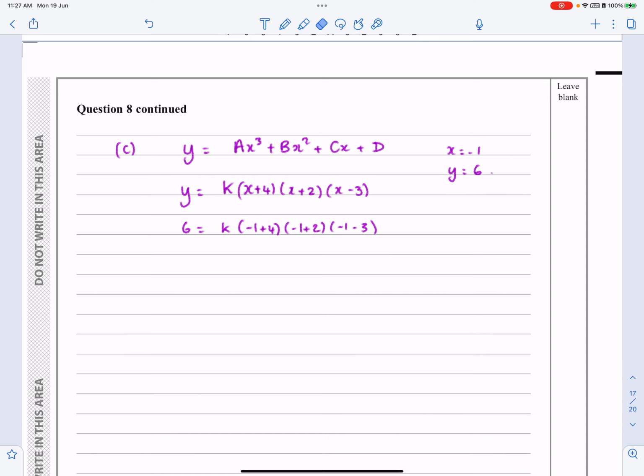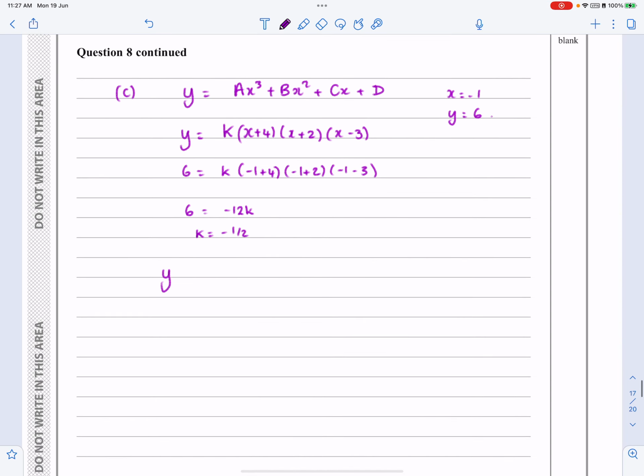This gives me 6 is equal to minus 12k there. So k works out to be equal to minus a half. And so now I know that y is equal to minus a half (x plus 4)(x plus 2)(x minus 3). And we've just got to multiply that all out now.